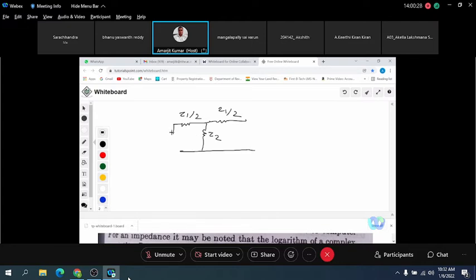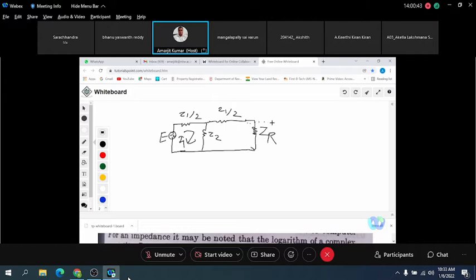This is the voltage. Here the current is I1. And here we terminate in ZR.